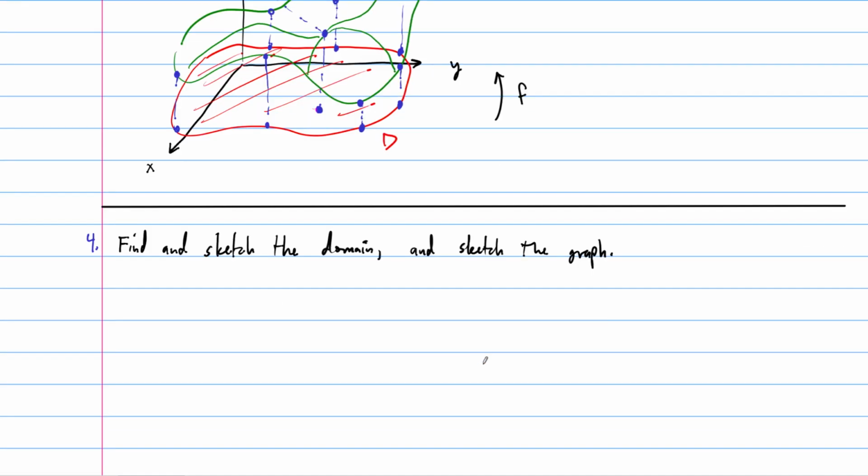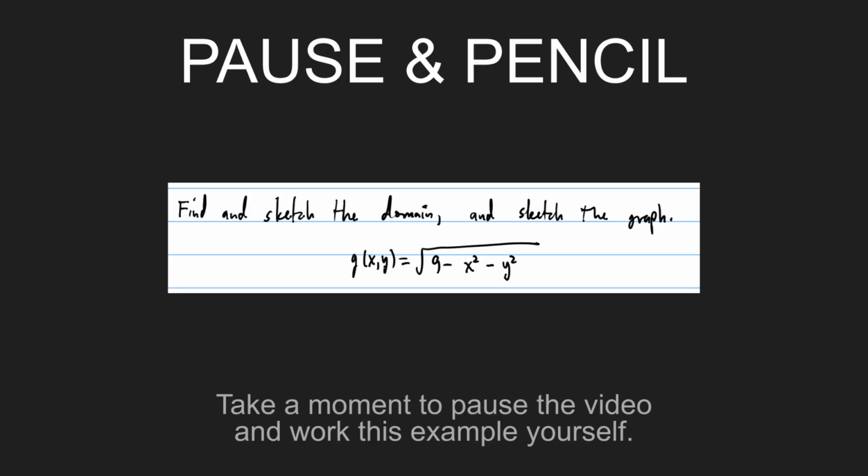Just give it your best shot, and then come back after the pause, and we'll finish it off together. This function is g of x, y equals the square root of quantity 9 minus x squared minus y squared. Give this one a fair shot, and I'll see you back here in a moment.